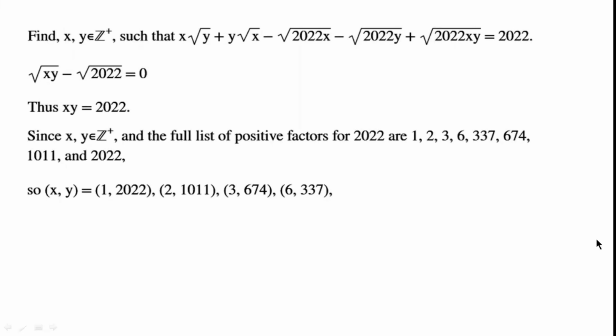As x and y are symmetrical, so (2022, 1), (1011, 2), (674, 3), (337, 6) are also solutions of the original equation.